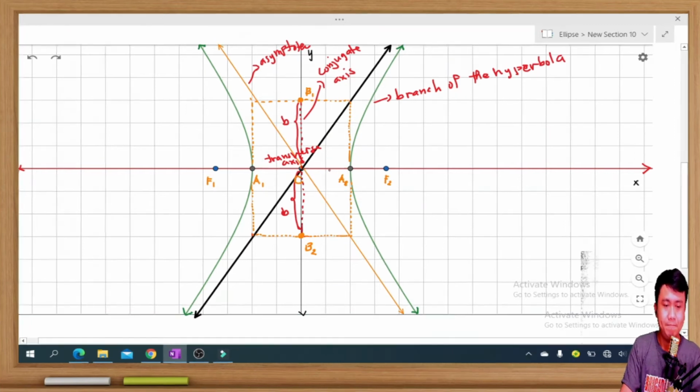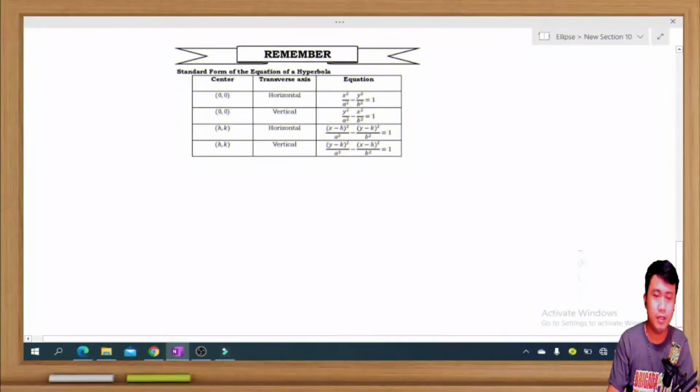And okay? Sa module ninyo, and sa may part doon, remember, the standard form of the equation of a hyperbola. And so, hindi na natin kailangan pang ipakita yung derivation, paano nakuha yung mga equations na yan, kasi medyo matatagalan tayo kung gagawin pa natin yon.